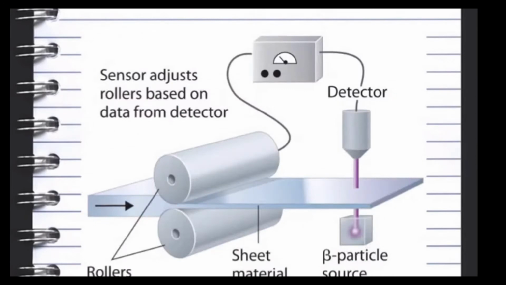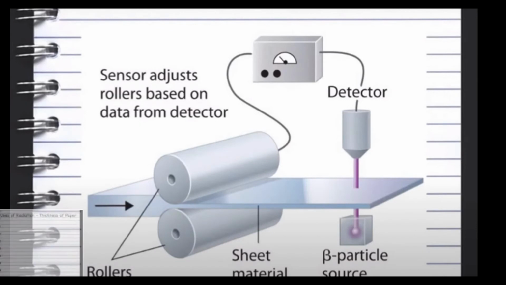So how it works is there is a beta particle source here which is able to pass through the material sheet. Now this detector will detect the amount of beta particles that pass through. Depending on that amount we'll adjust the rollers on this side. What the rollers do is they can move closer together or move apart.